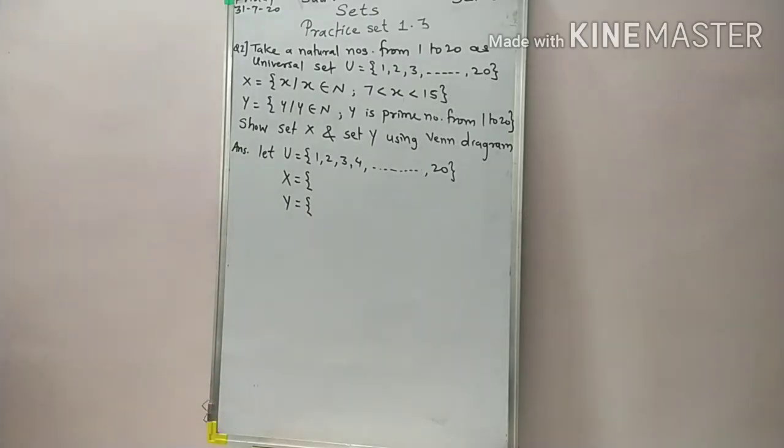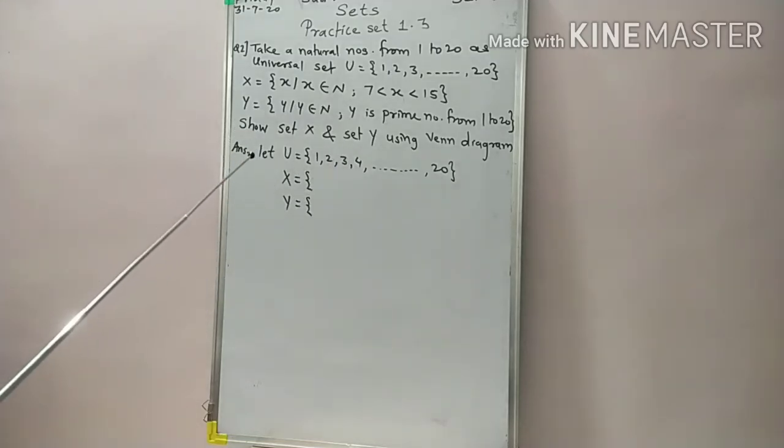Set X and set Y are given in rule method, where set X has an element x such that x is a natural number and x is between 7 and 15, meaning greater than 7 and less than 15. And Y has an element, small letter y, such that y is a natural number and y is a prime number from 1 to 20. We have to show set X and set Y using a Venn diagram.